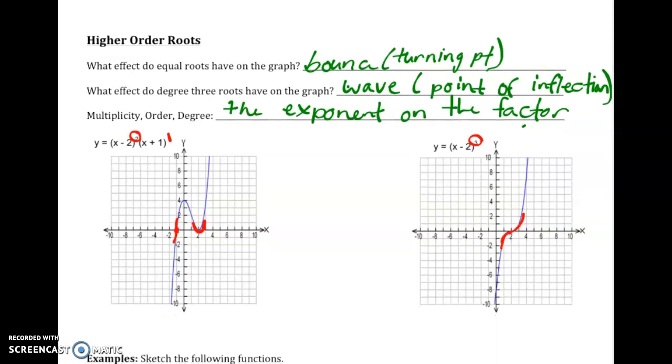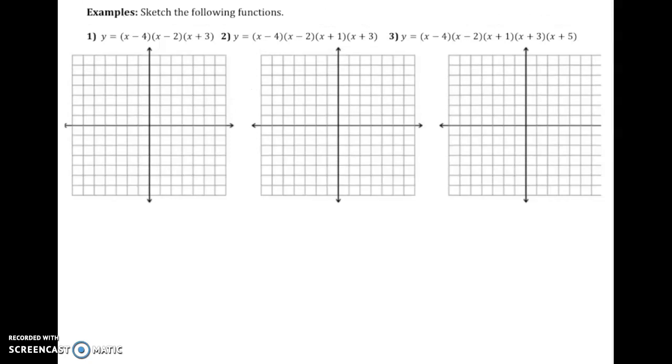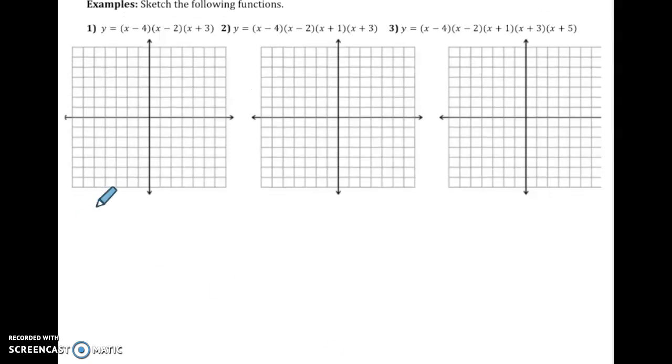So let's work on some examples here. For each of these, the easiest thing to start with is the degree. We're going to fill out a mini table that I'm going to create here, and once we get all the information, it'll be much easier to graph. So we want the degree. We want the sign of the leading coefficient.